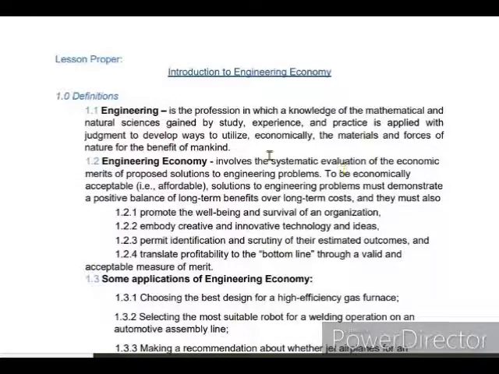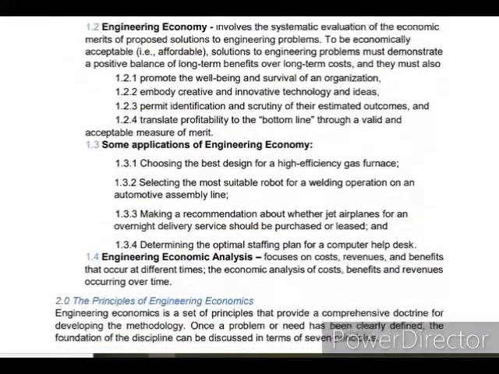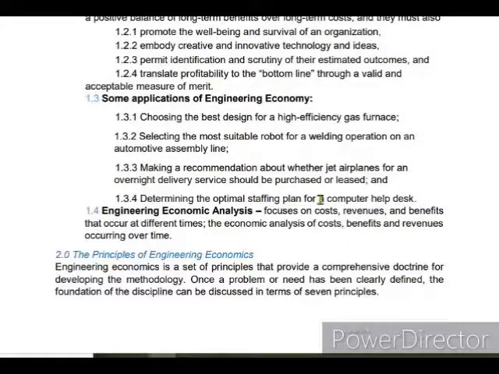So 1.3, some applications of engineering economy. First, choosing the best design for high efficiency gas furnace. Okay, so that's one application, because in engineering economy, you will learn to balance the design, the application, and the cost. Okay, so if your solution runs economically, okay, then it shall be efficient.